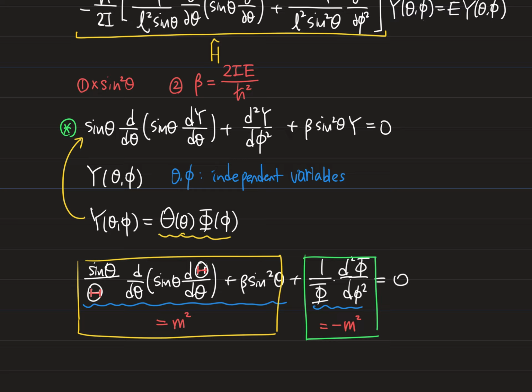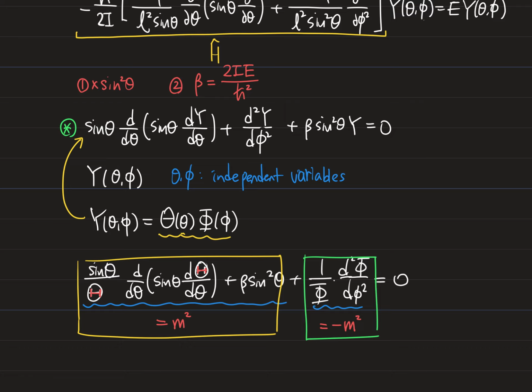So now let's summarize what we have done so far. We are discussing the rotational motion using the rigid rotator model, and we define the Hamiltonian operator in the spherical coordinate and apply the separation of variable technique because theta and phi are independent variables.